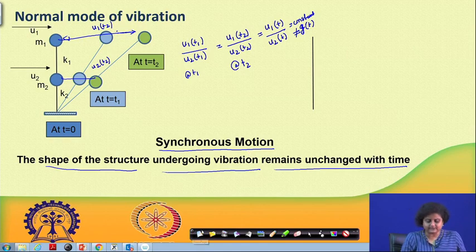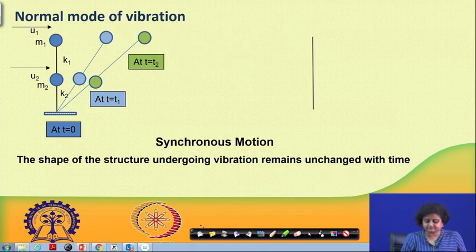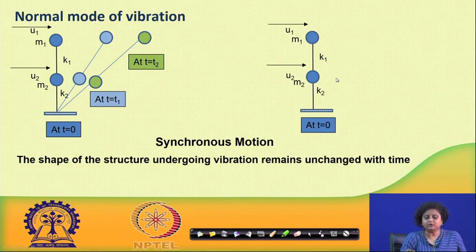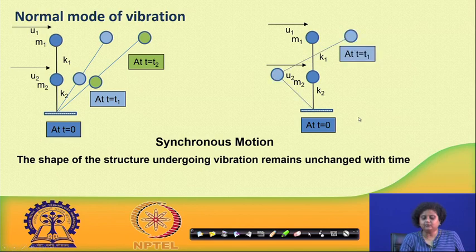So, let me show another example. Suppose this is another system where the values of m1 and m2 are different, and I have the 2 degrees of freedom at t equals 0, and at t equals t1 this is the deflected shape of the system. Unlike the first example, now one mass is moving in the negative x direction and the other mass is moving in the positive x direction.